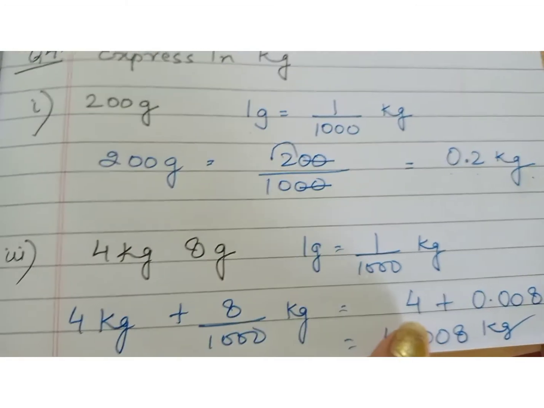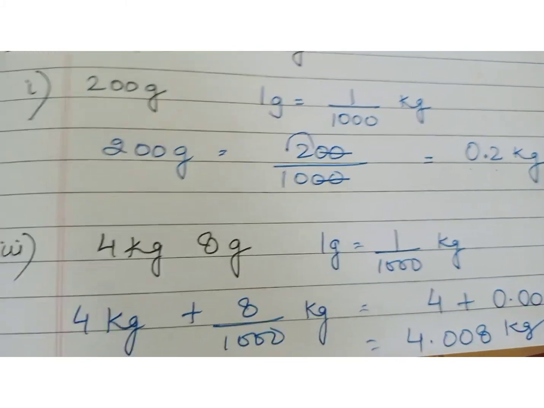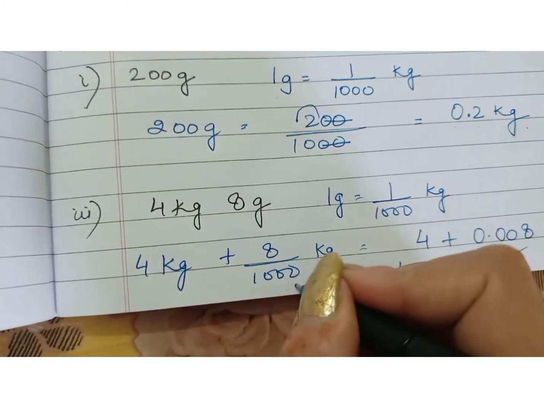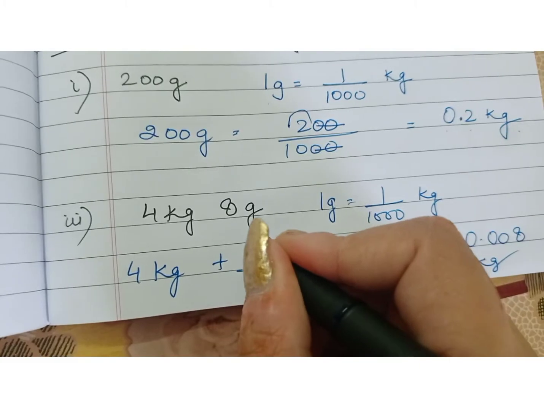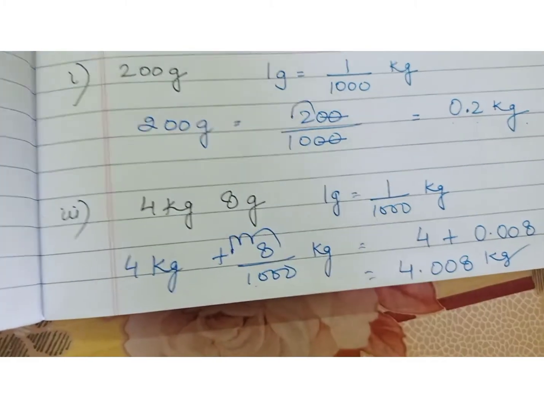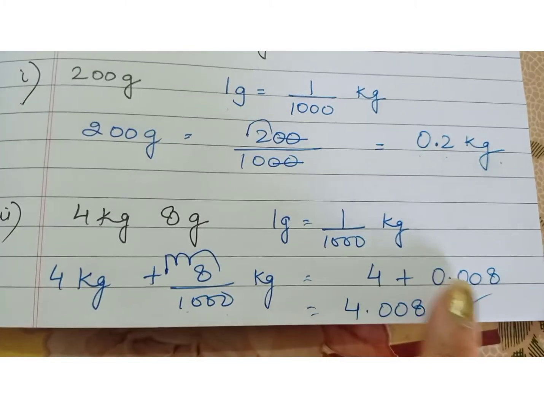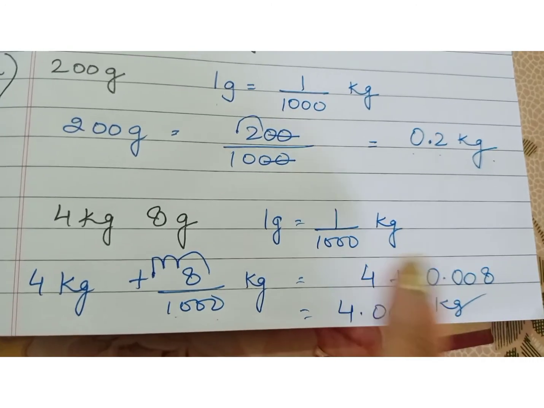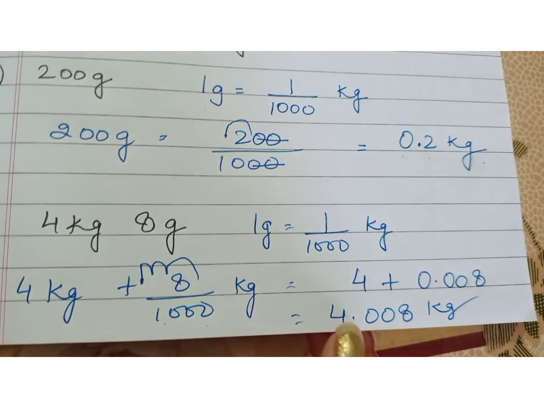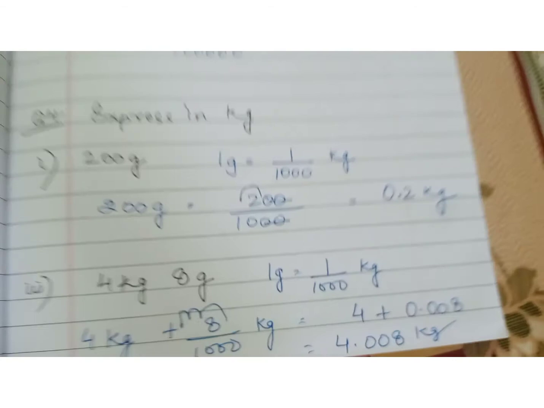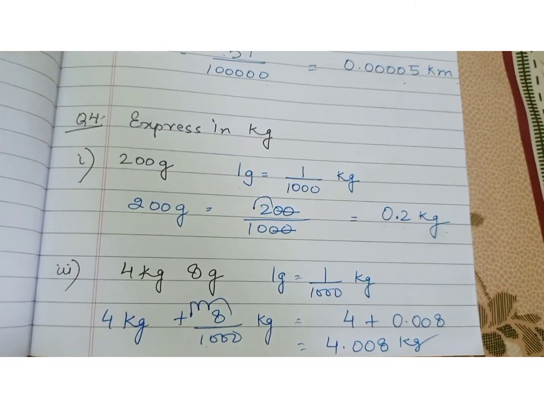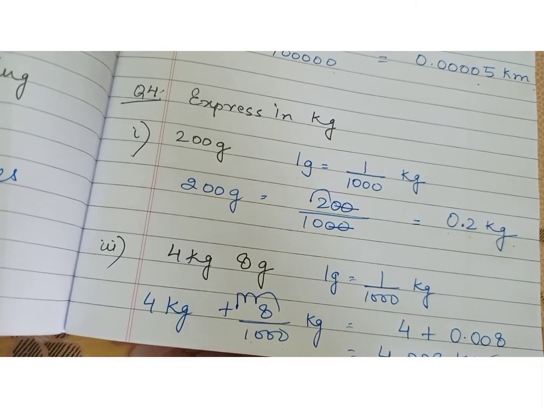Now here 4 will be written as it is. Convert this 8 grams to decimal. 3 zeros are there, so it will be 1 jump, 2 jump and 3 jump. The answer will come 0.008. We need to add both the numbers and we'll get the answer 4.008. So this was your question number 4, exercise 2.5.